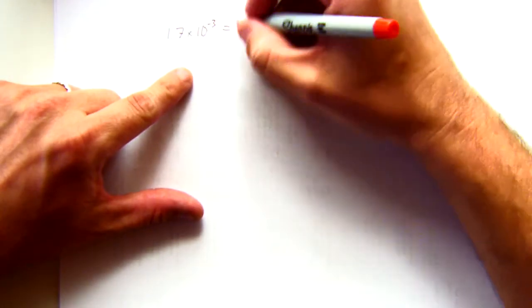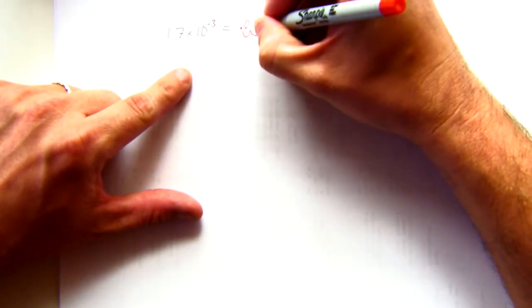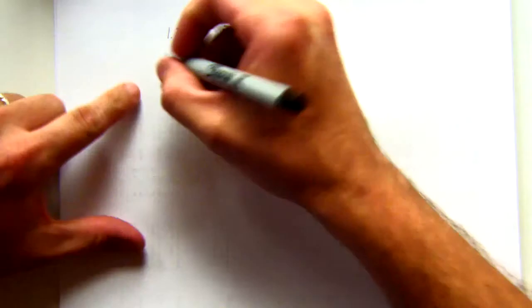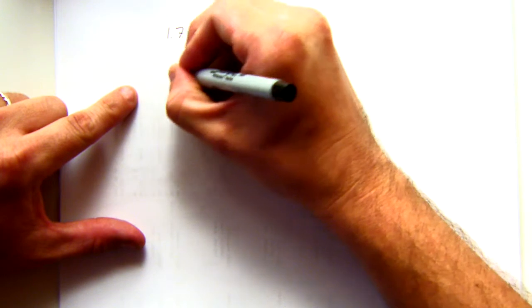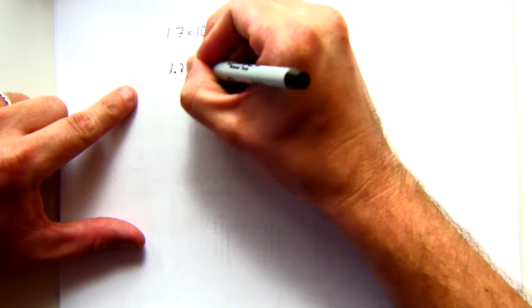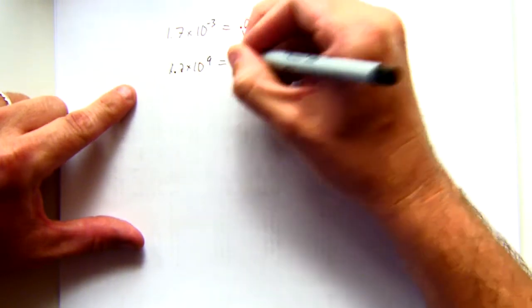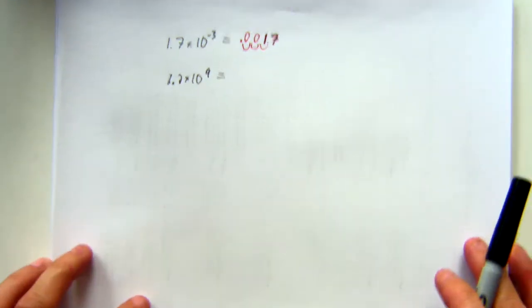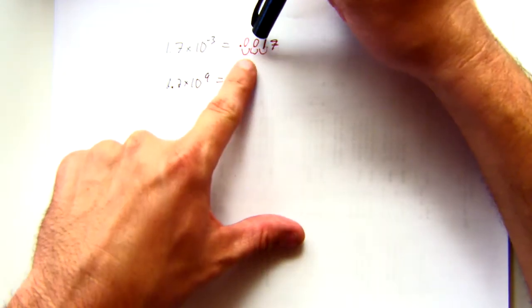And there's where your new decimal is going to be. And then you just fill in your places with zeros. And that's all. This one you don't put a 0 here because you've got a 1 there. The answer is 0.0017.